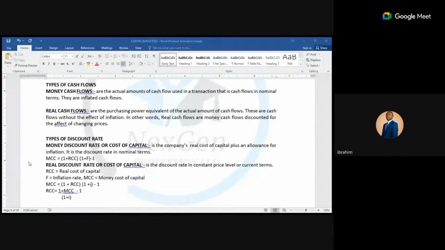So the money cost of capital is equal to (1 + RCC)(1 + i) - 1, where RCC is the real cost of capital and i is the inflation rate. If you want to convert to money cost of capital, you'll be given the real cost of capital.